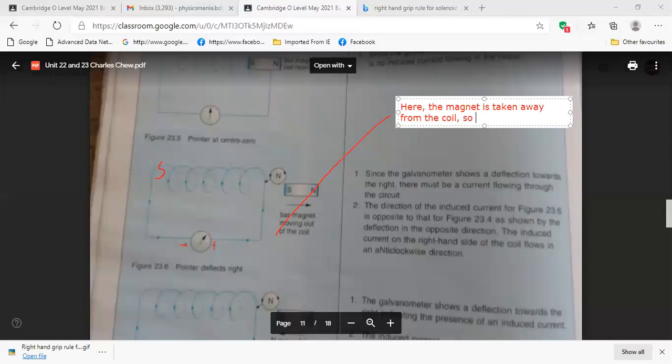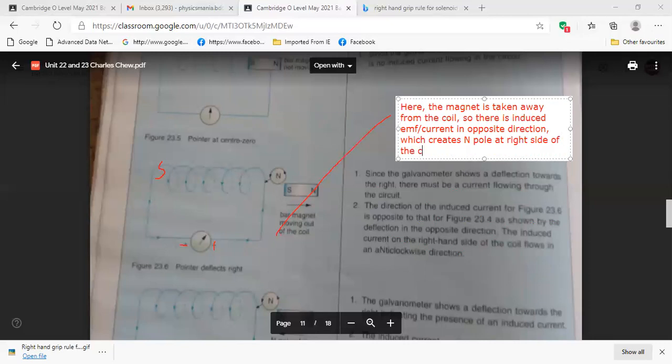So there is induced EMF current in opposite direction, which creates a north pole at right side of the coil.